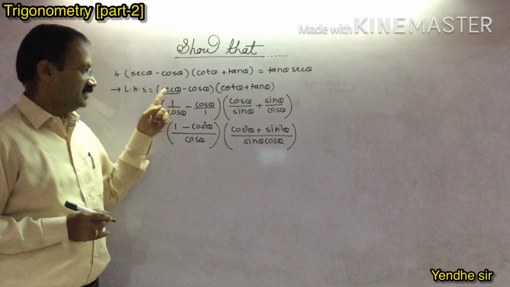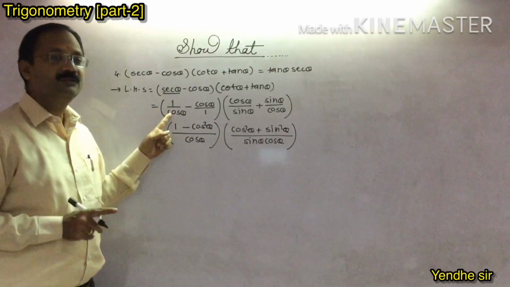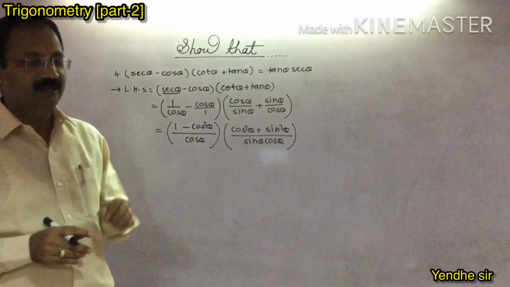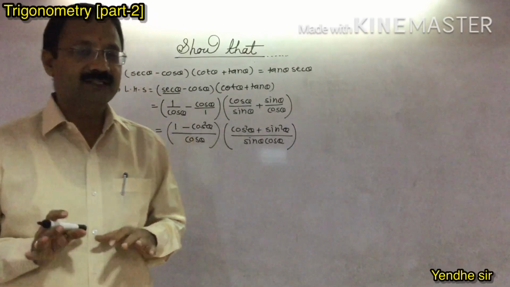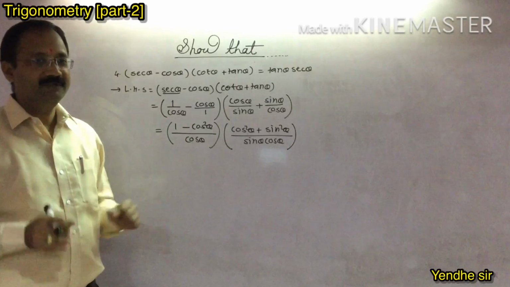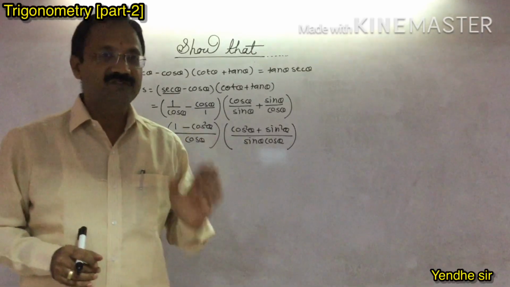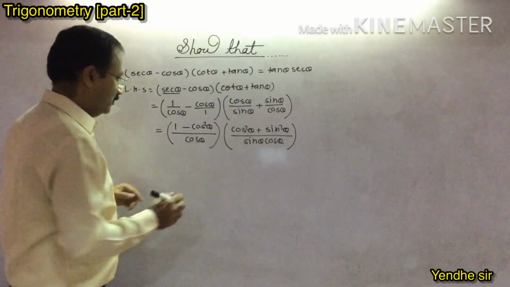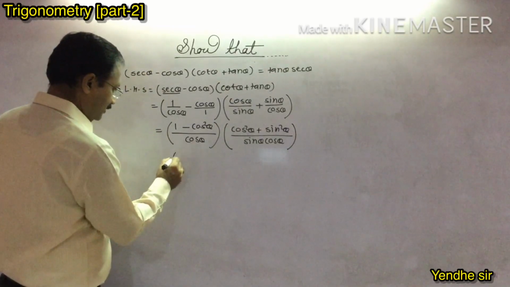First rule, LHS. Second rule, you have to write the formula. Third rule, if the denominator is not the same, then cross multiply. Which is the fourth rule? Take the common. Is anything common? No. Then the fifth rule: sin square theta, cos square theta is there? Yes. So I am going to write the formula for this one.